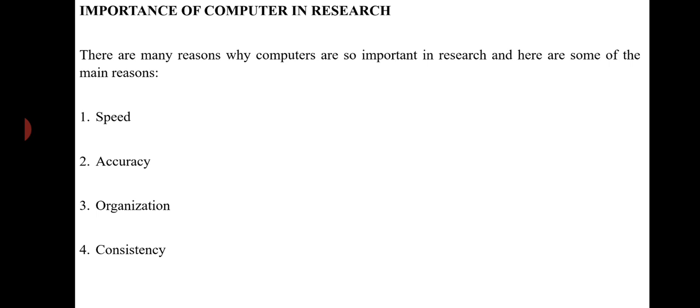And the next one is organization. When a researcher is doing research, there are different types of information, calculations and notes, and with a computer, the researcher is able to store it all neatly and safely.